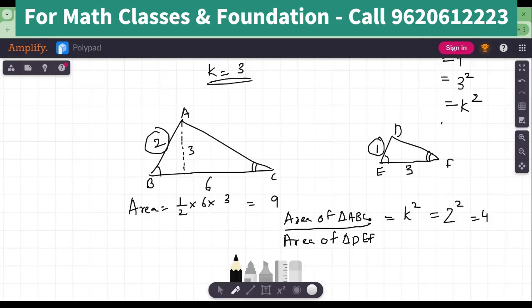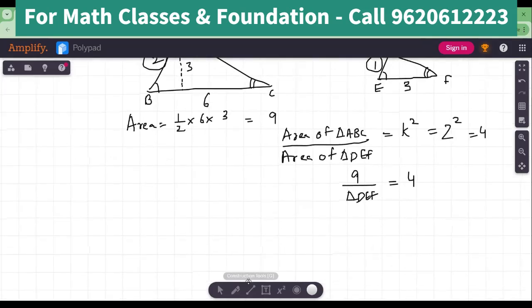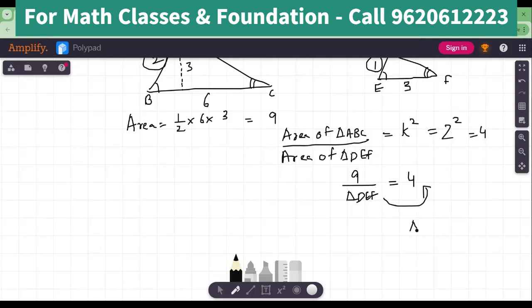Now, I know the area of triangle ABC is 9, divided by triangle DEF, this is 4. If I solve this, I get triangle DEF on this side, isn't it? So the area of triangle DEF will be equal to 9 divided by 4, which is nothing but 2.25. That's the area of this triangle.